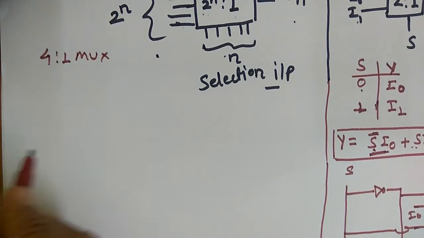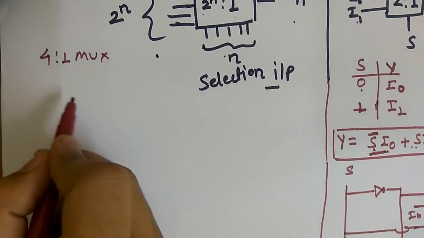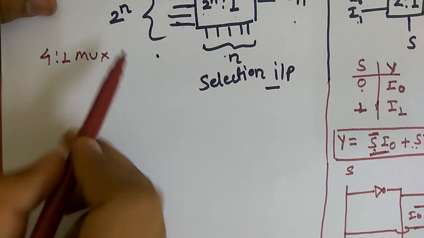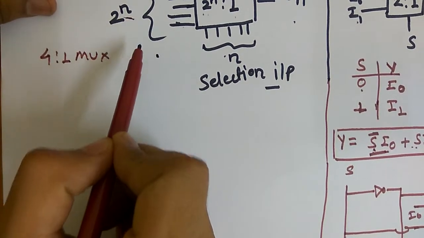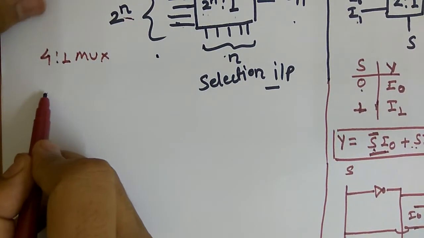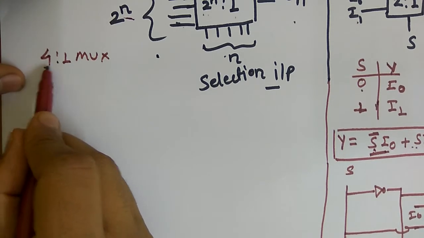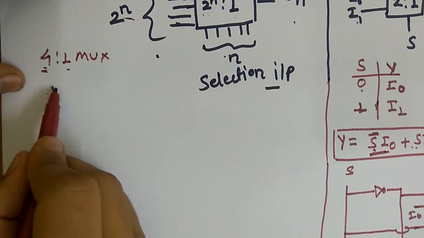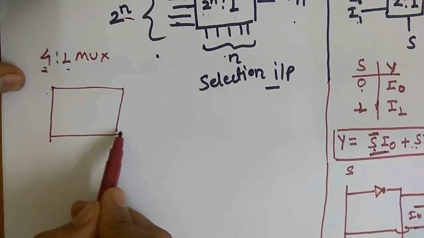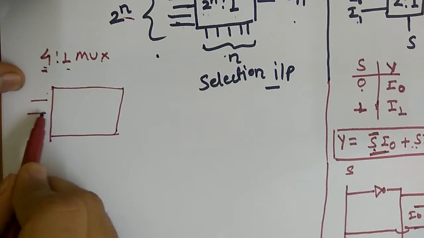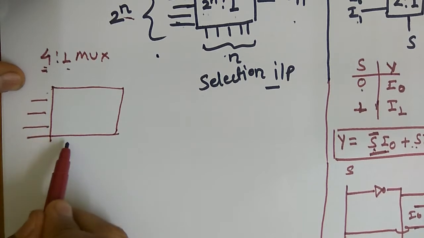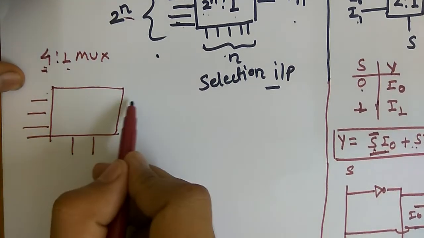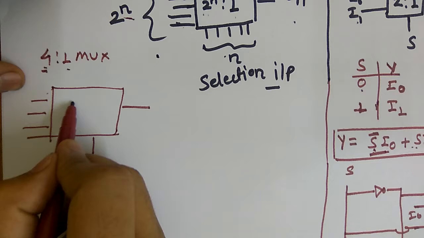In the 4:1 mux, the value of n will be 2. This is input, this is input, this is output. So we will have 4 inputs, and we know that the value of n is 2, so we would have 2 select lines and 1 output.